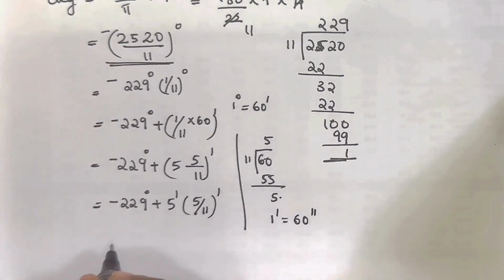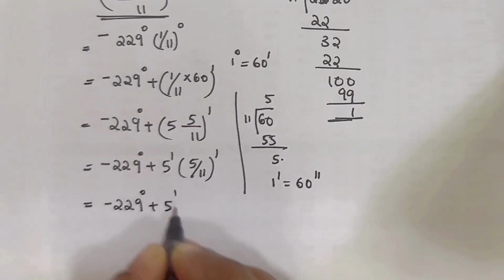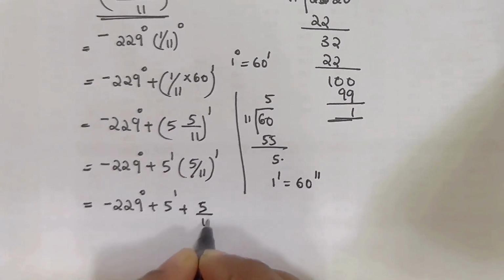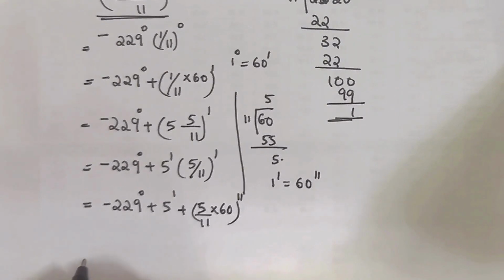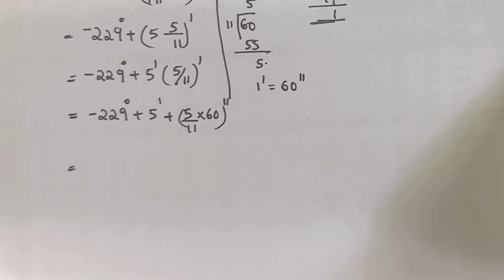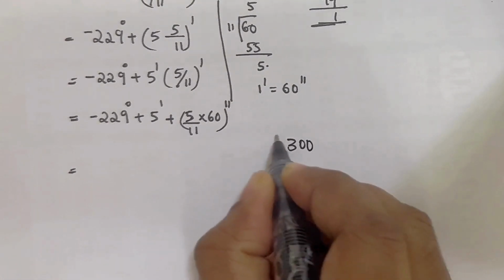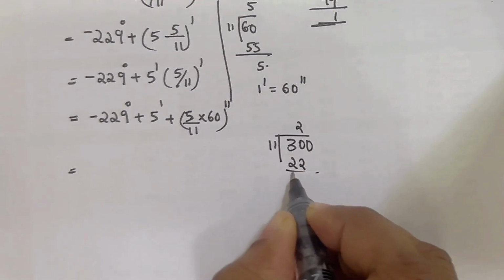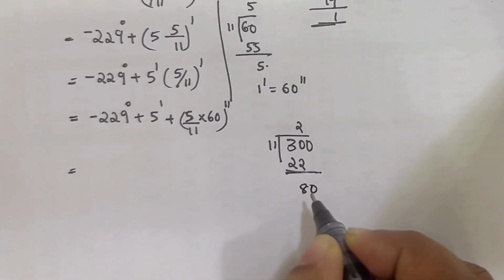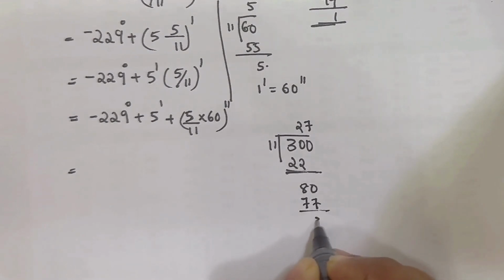So 5 by 11 minute means multiply by 60: negative of 229 degree plus 5 minute plus 5 by 11 into 60 seconds. 5 into 60 is 300, and 300 divided by 11: in 30, 2 times 22, remainder is 8. 80, 7 times 77, remainder is 3.